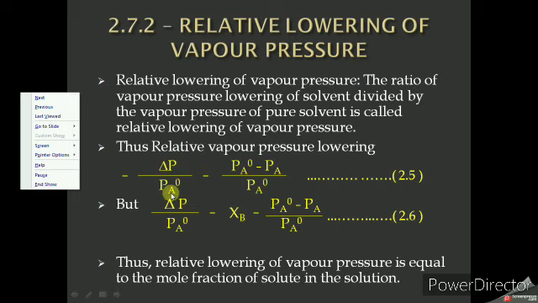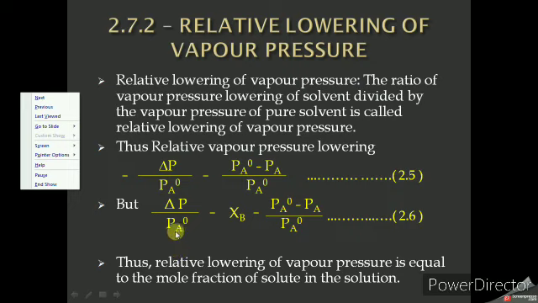What is the vapor pressure of the pure solvent? Pa0. So if we divide delta P by Pa0, then we get the relative vapor pressure lowering. What is delta P? In the previous equation, delta P is equal to Pa0 minus Pa. Divide it by Pa0. So what is your equation?